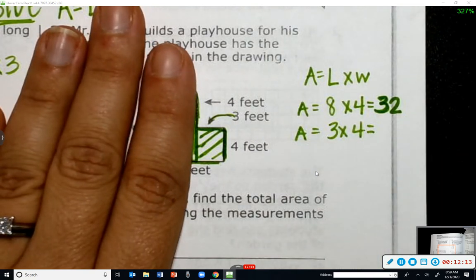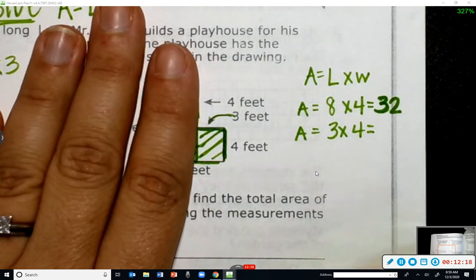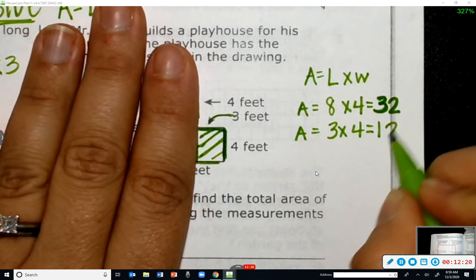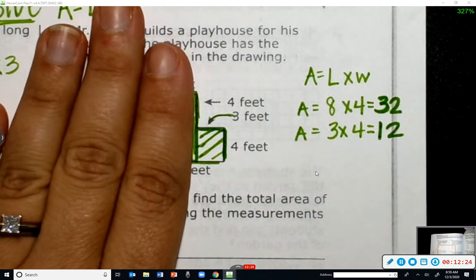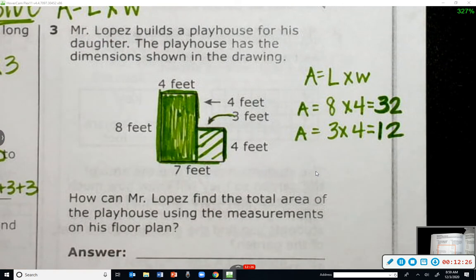What is 3 times 4? Aaliyah? 12. Okay, so now we have found the area of both rectangles. What is the last thing I need to do, Brandon? 32 times 12.